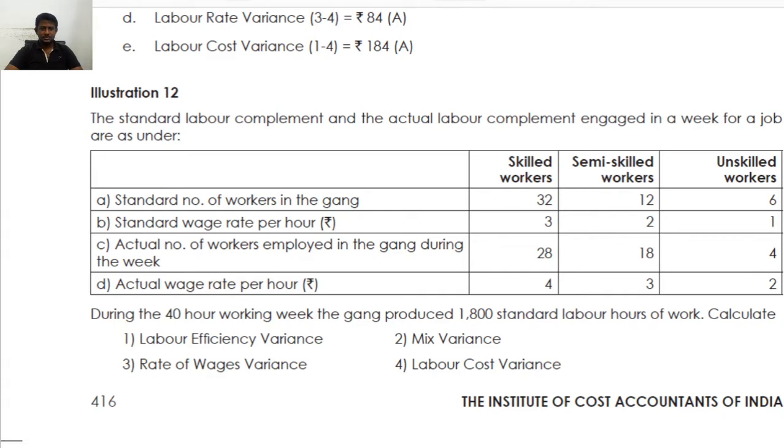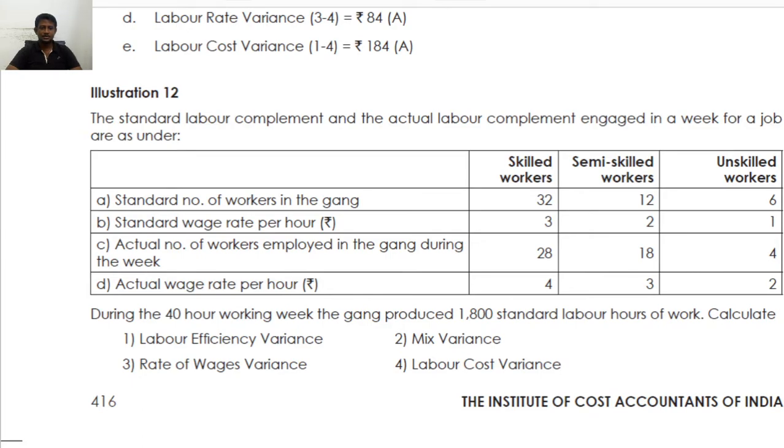What is the question? The standard labor complement and the actual labor complement engaged in a week for a job are as under. So standard information is given, and actual information is given. There are three types of labor: skilled workers, semi-skilled workers, and unskilled workers.